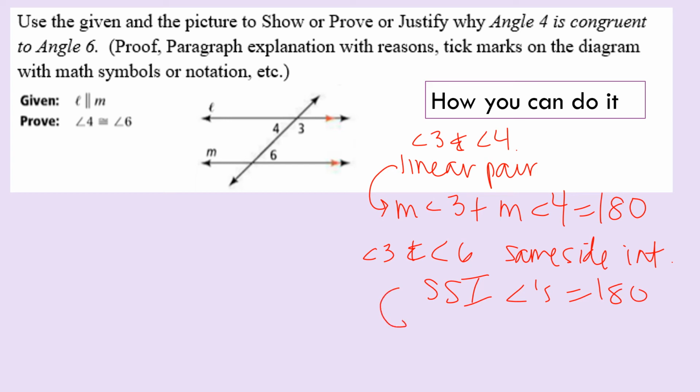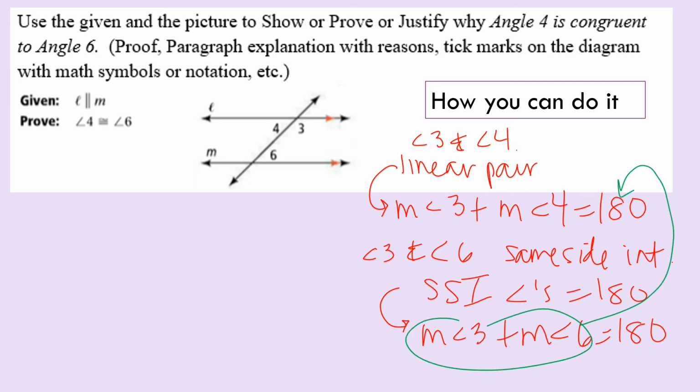So then that would bring us down to the measure of angle 3 plus the measure of angle 6 also equals 180. And then I'm going to draw some circles and show that I can plug this in for here. I do measure of angle 3 plus the measure of angle 4 equals the measure of angle 3 plus the measure of angle 6.